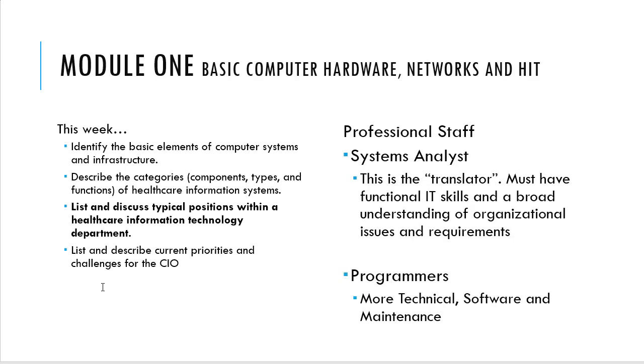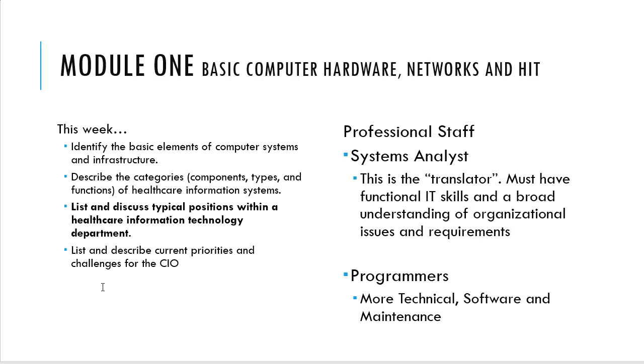The next level of staff, if you will, is the professional staff. And those could be systems analysts or programmers. And the differences between those two: the systems analyst really is looking at a more holistic view of technology, and they're more of the translators. So they're looking at what the end user's needs are, as well as the technical requirements or capabilities of the organization.